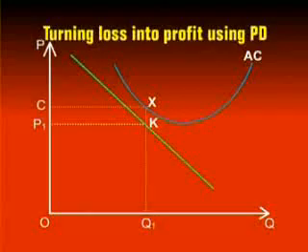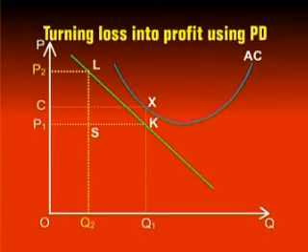But once the firm is allowed to price discriminate, that is, if it is allowed to sell Q2 units at a price of P2 and Q2 minus Q1 units at a price of P1, then the firm can actually begin to make profits, or there is a chance that it will make profits.